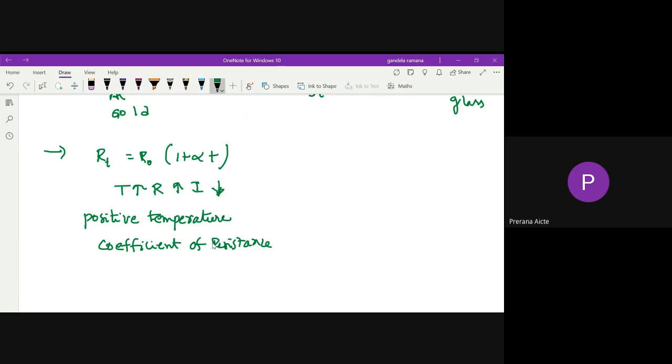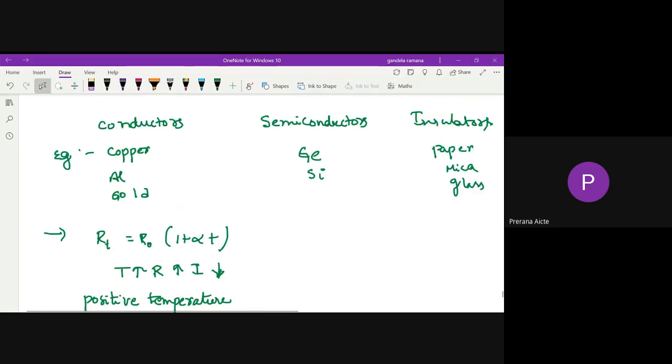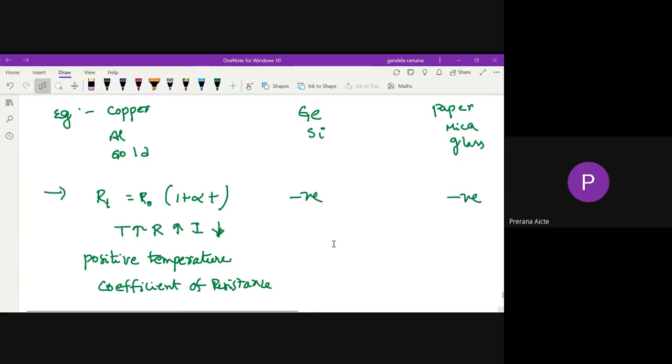So come to the semiconductors and insulators. Both have a negative temperature coefficient of resistance, which is denoted as alpha. Because of that, the formula is R_T is equal to R_0 into (1 minus alpha T).